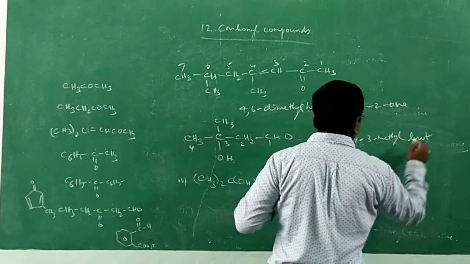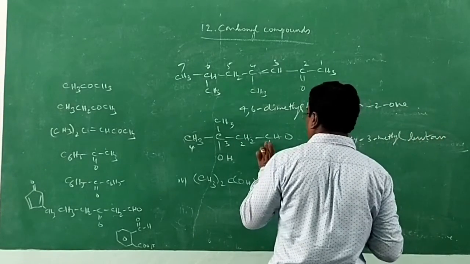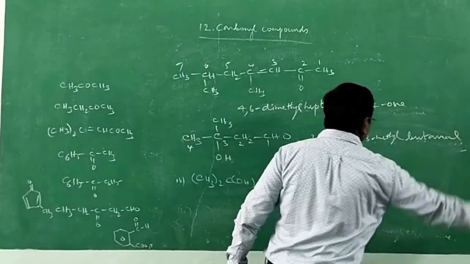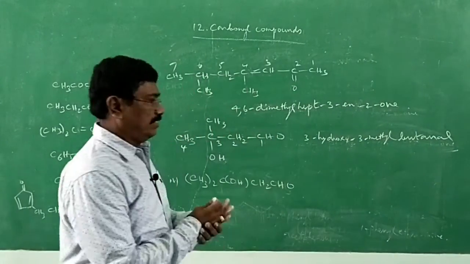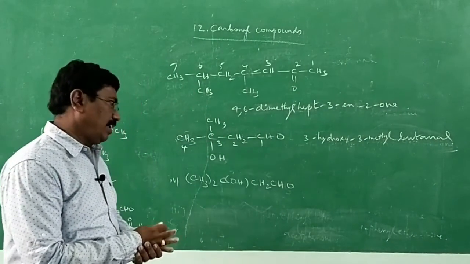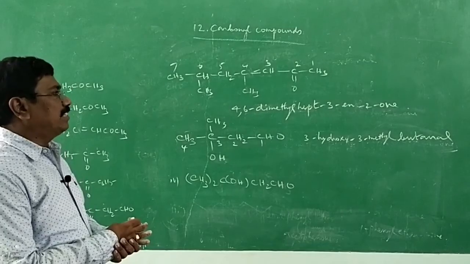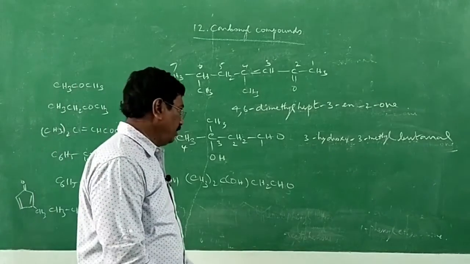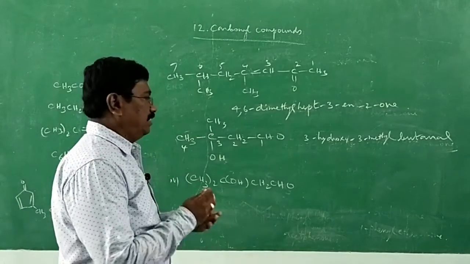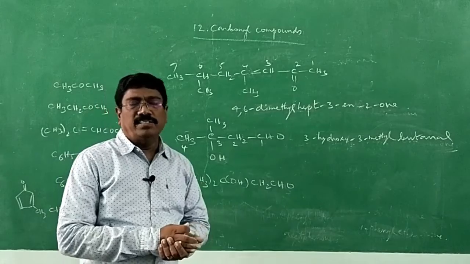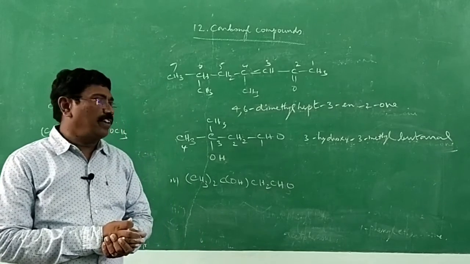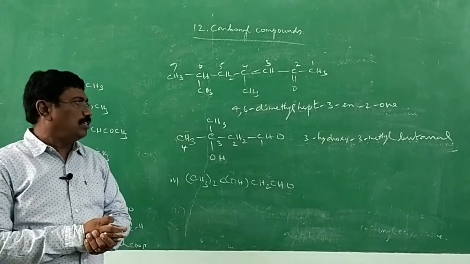Only saturated, butane. Aldehyde at the first carbon atom, butanal, enough. Butan-1-al, nothing wrong. One is understood, therefore I didn't mention. So that is about assigning IUPAC names for different compounds. I hope you understood IUPAC names.